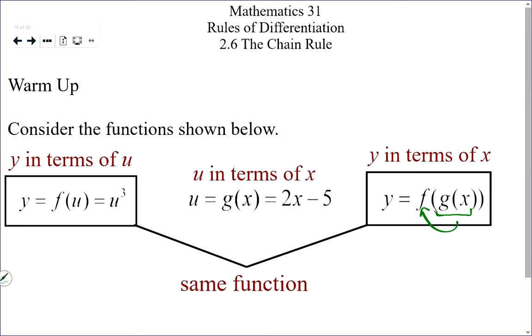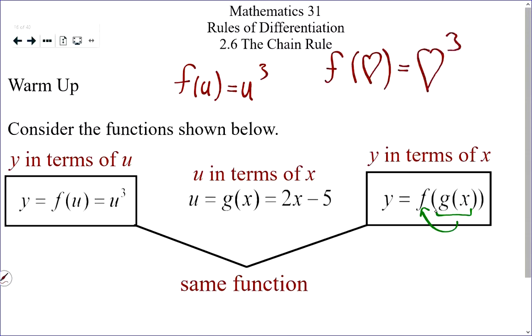But basically, if I go back to this f of u equals u cubed, and I said, what is f of hearts? You would say it's hearts cubed, right? Hope that makes sense. If I said, what is f of g of x, then it would be g of x cubed. And g of x is 2x minus 5, which is u. So it's u cubed. They're the same function.